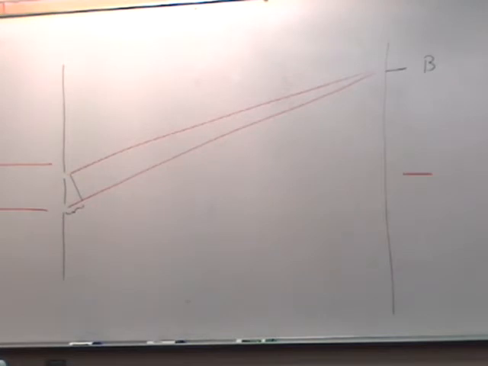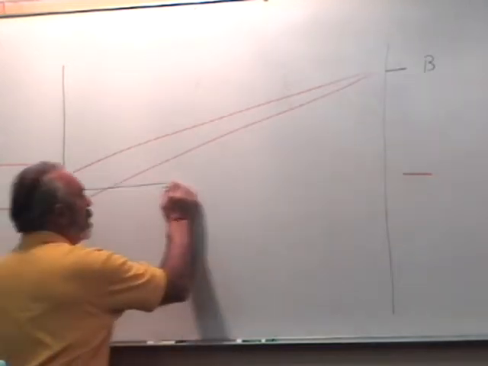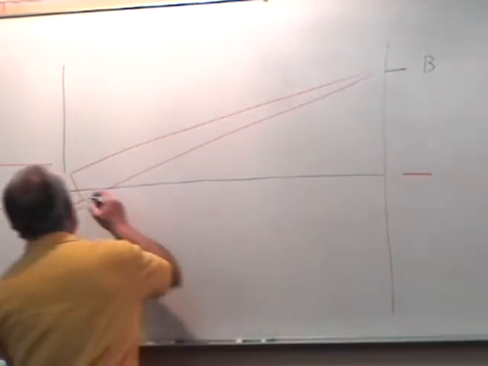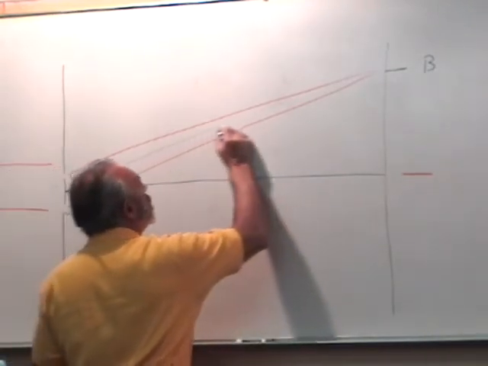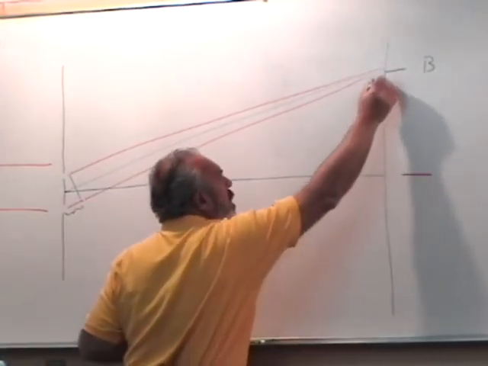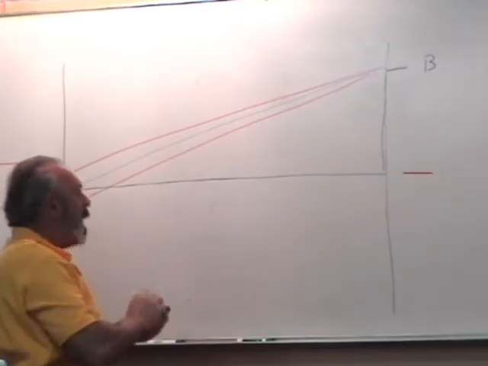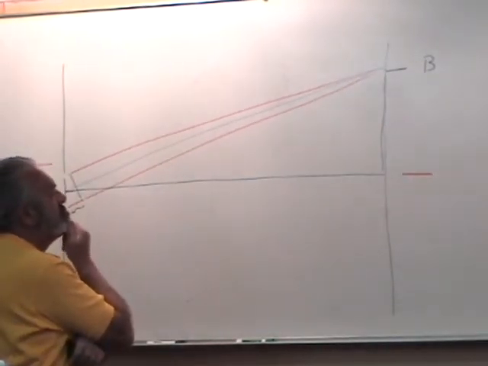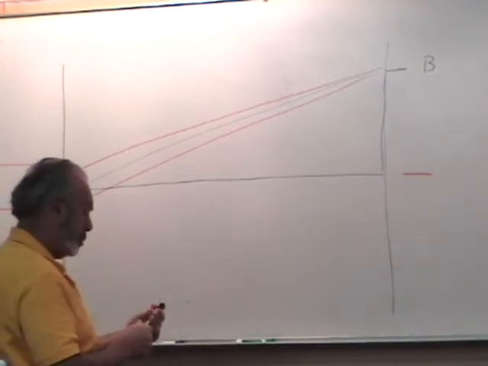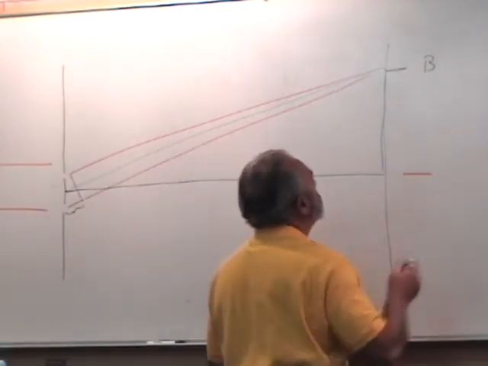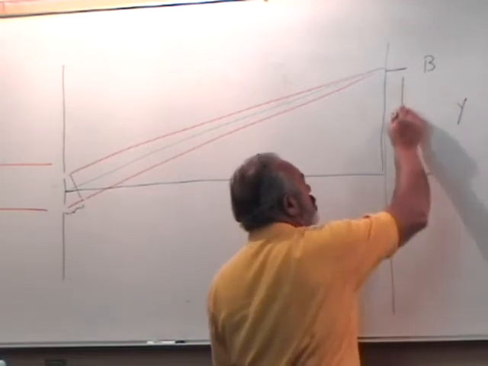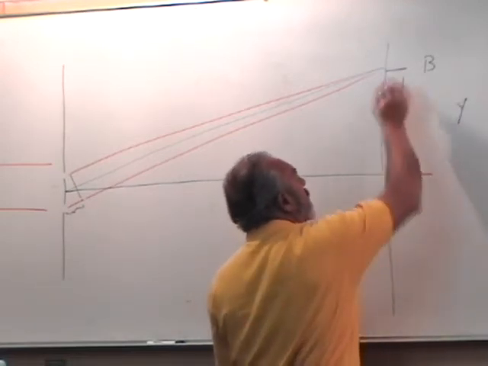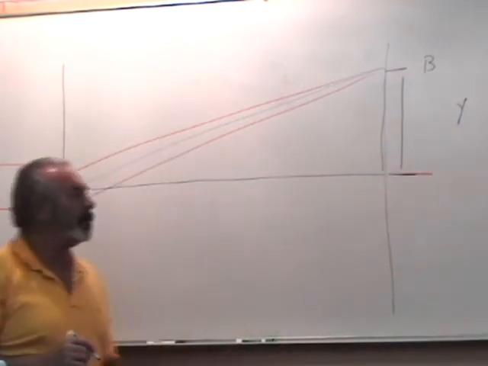Well, I see a very interesting way of doing that. I still need yet another color. If I imagine this triangle, look, from here to the bright central maximum, from here to spot B, and this vertical distance here, I will simply call that distance Y. The distance between the bright central maximum and the particular bright spot that we're looking at.